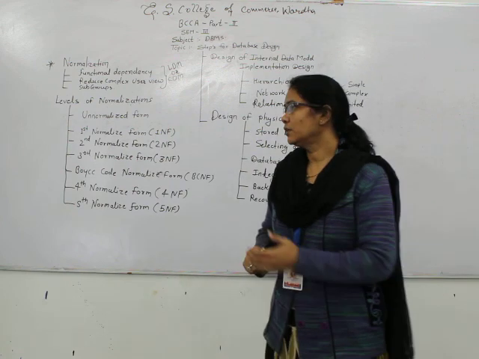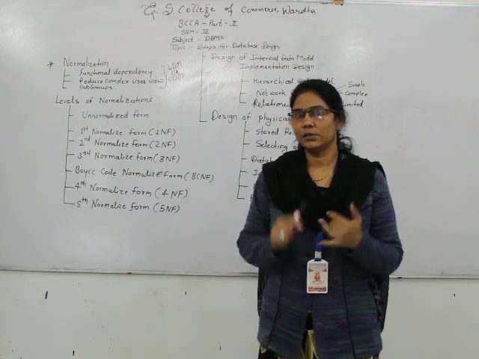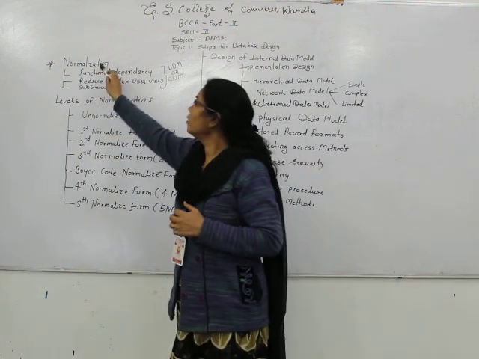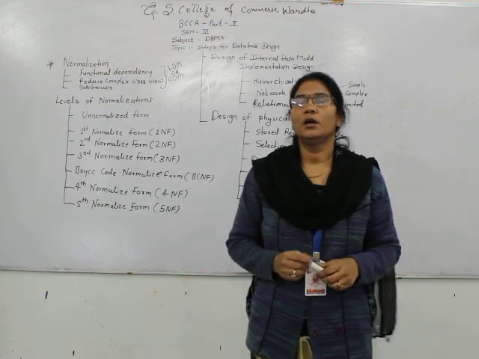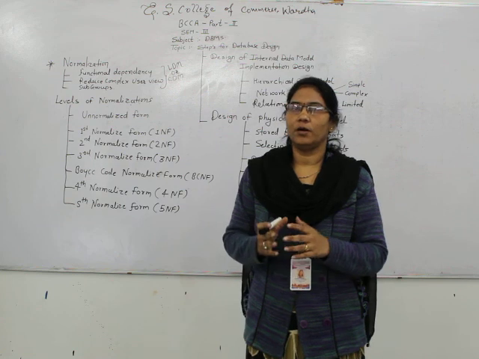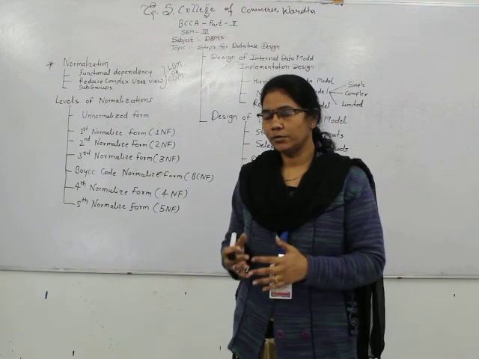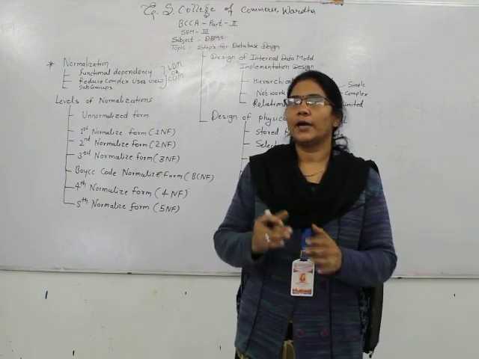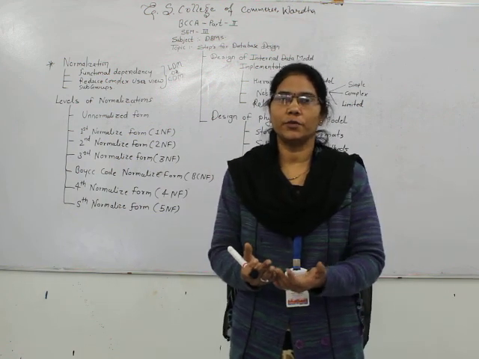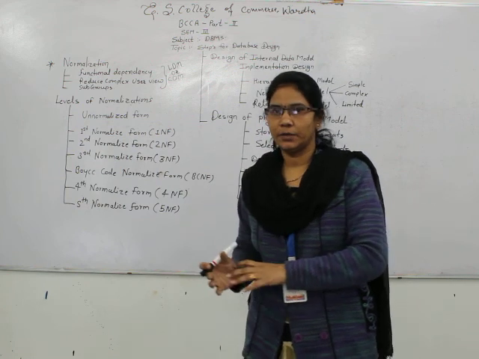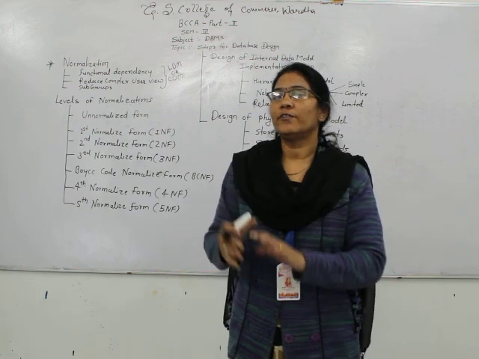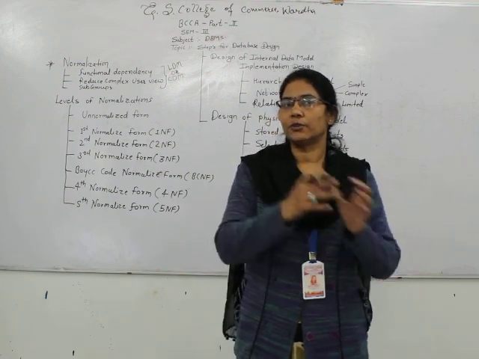So the next part is normalization, the second step of the conceptual data model. What is normalization? Normalization means we divide our tables, entities or attributes, so that the complex user view is reduced into small sets of views. It removes the functional dependency from one entity to another.